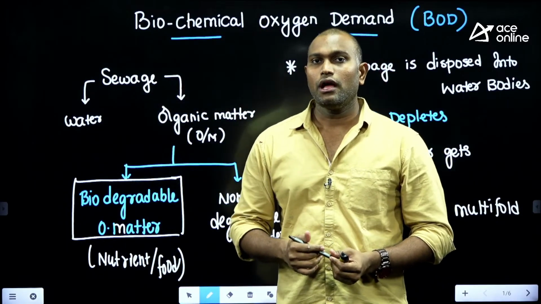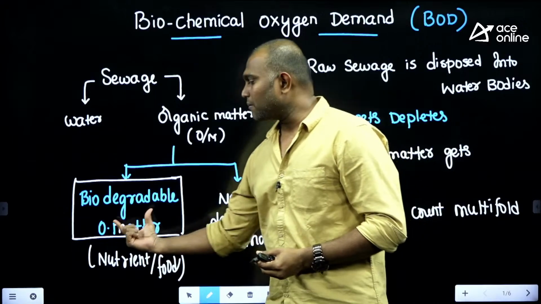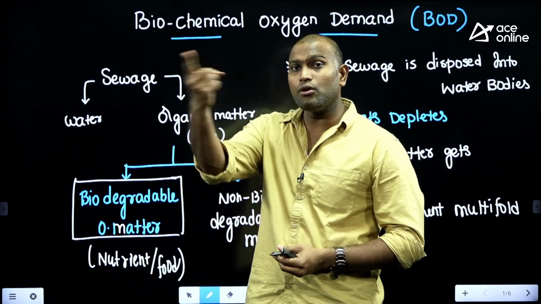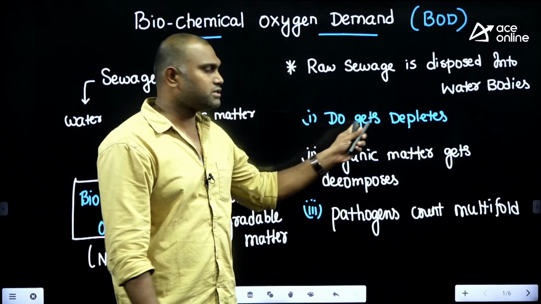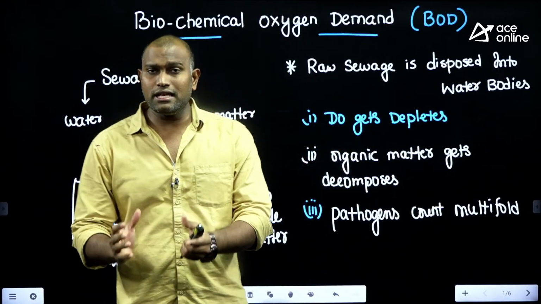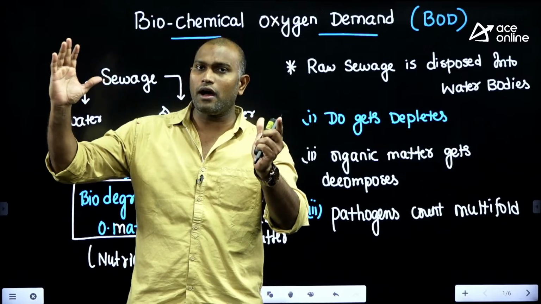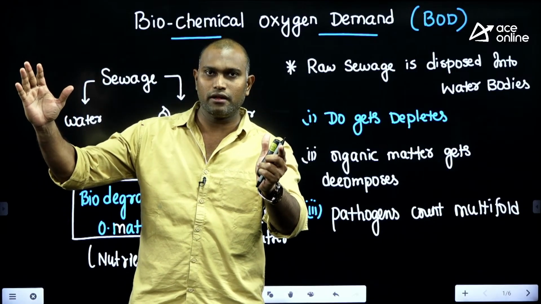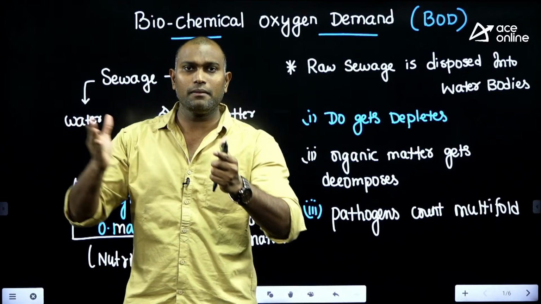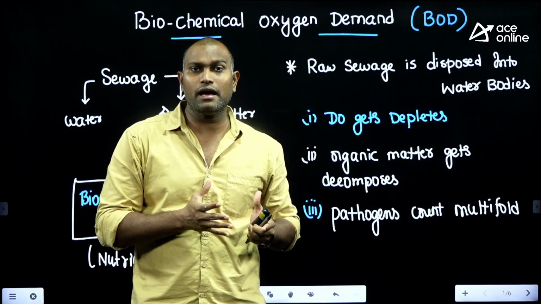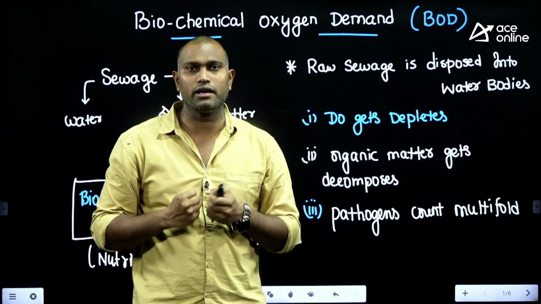How? Whenever there is organic matter, that will be eaten by whom? Bacteria. By consuming whom? Oxygen. So in the sewage, if more organic matter is there, more food is there, bacteria go and eat that food. At the same time, these microbes or bacteria require whom? Oxygen from the water.